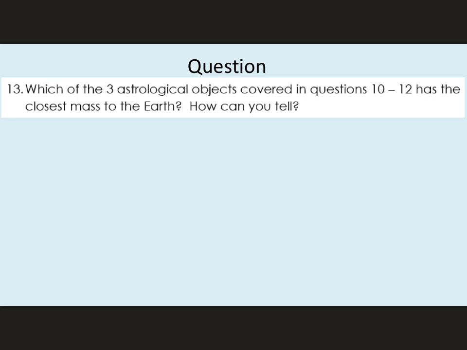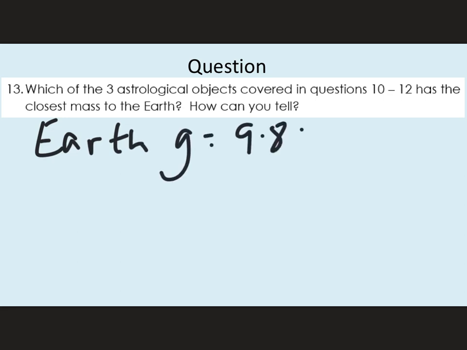Okay, question 13 then says, which of the three astronomical objects has G equal to 9.8 newtons per kilogram? If we go back through the other questions, the moon has a value we found out to calculate.